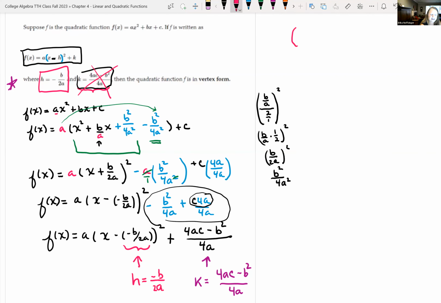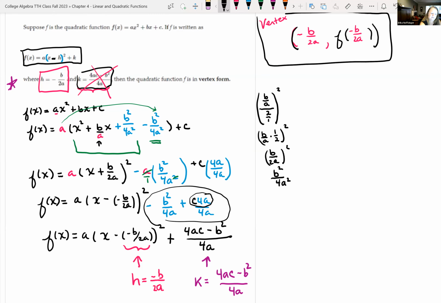Technically, for the vertex, if my X value is negative B over 2A, I can find my Y value by just plugging that value in wherever I see an X, because that's my X value, to get my Y value of the point. So another way to find the vertex is this way, using this formula.